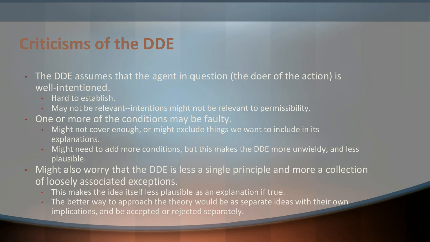We might raise a similar objection to the doctrine of double effect. It may be that as a theory, it's not very well put together. Instead, all it does is describe a series of loosely connected exceptions that we should spend more focus on individually rather than as a unified theory for why some actions are permissible and why they're not.